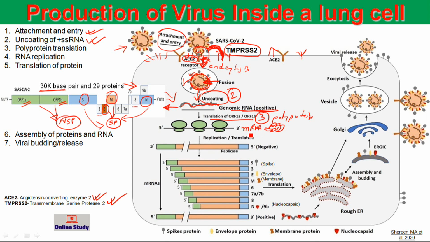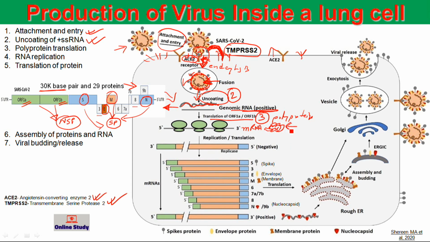You know that only messenger RNA can be translated by the ribosome, so our cell's ribosome cannot distinguish the viral RNA from our own RNA. So they actually produce the polyprotein.